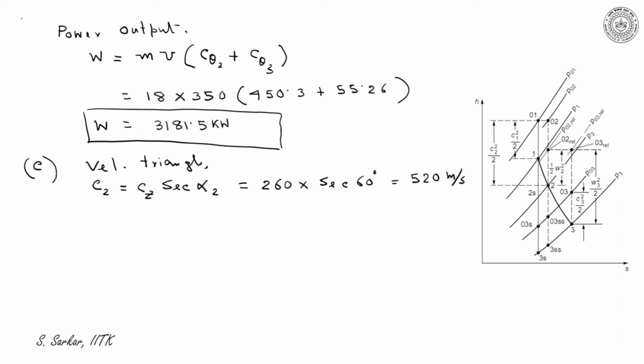We can define the nozzle efficiency as zeta n is equal to H2 minus H2S, that is, this is H2 actual enthalpy at the end of the nozzle, and H2S be the isentropic enthalpy at the end of the nozzle.